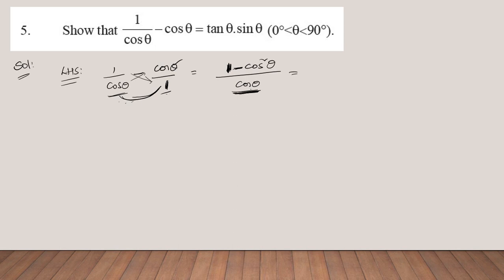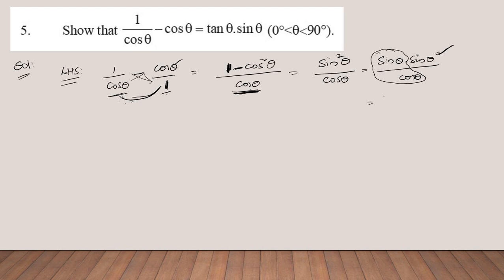Now 1 minus cos square theta, I can write as sin square theta from the identities. So 1 minus cos square theta is sin square theta by cos theta. Now sin square theta means sin theta into sin theta by cos theta. Since it is a product, there is only one term here. So you can give one sin theta to cos theta, right?